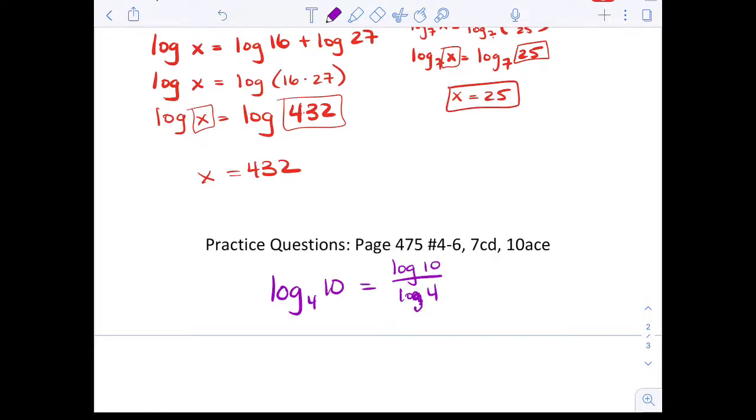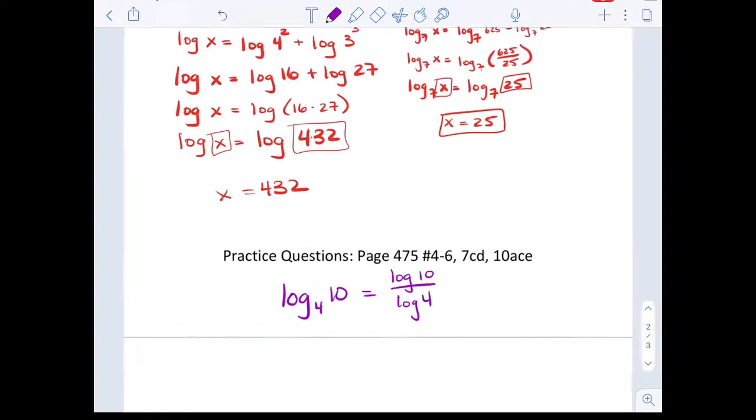So that's how you can evaluate these ones without having to use trial and error. Because normally you'd say, well, 4 to the power of y is equal to 10, and you'd start putting in numbers, 4 to the power of different values to try to get 10. But to cut down the trial and error work that you do, that's the rule for it. That's how we get a common log. And I'll explain that shortly. And I had mentioned it earlier that we're going to talk about it, but it is in the next section.